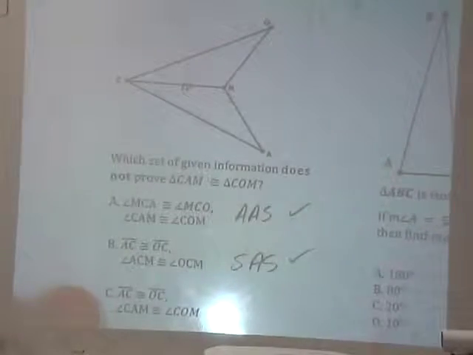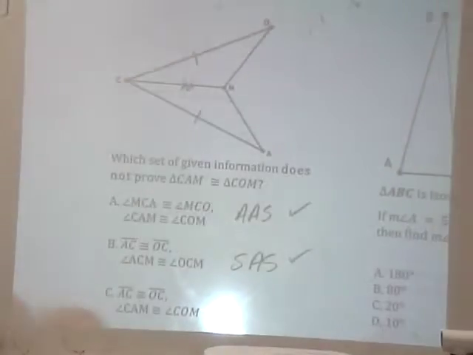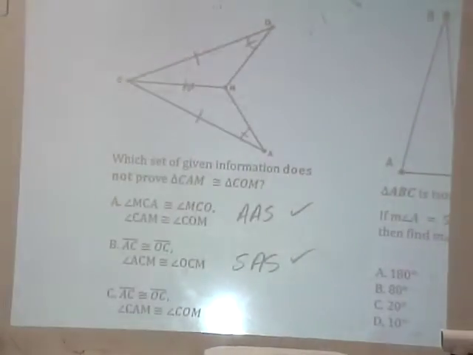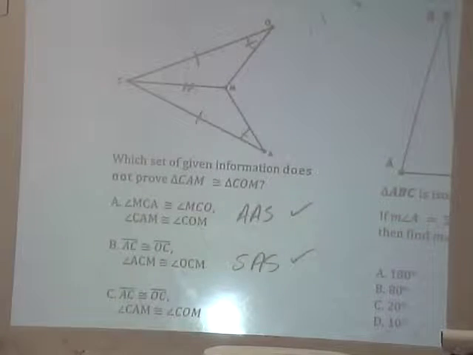Let's do C. AC is congruent to OC. This one's congruent to this one. CAM, this one down here, is congruent to COM. This one up here. What do you think? Can we prove the two triangles congruent that way?